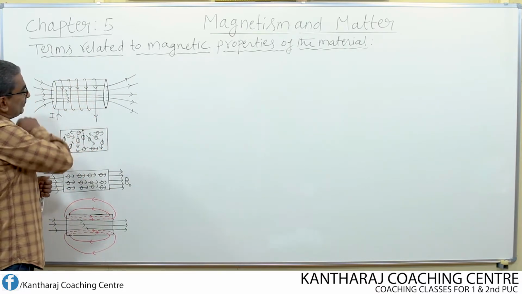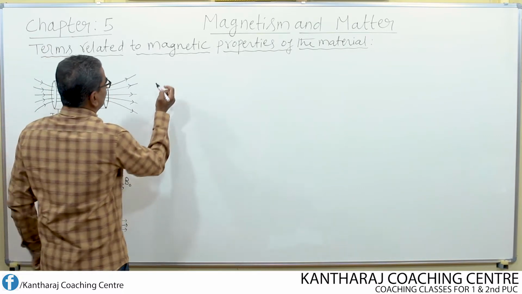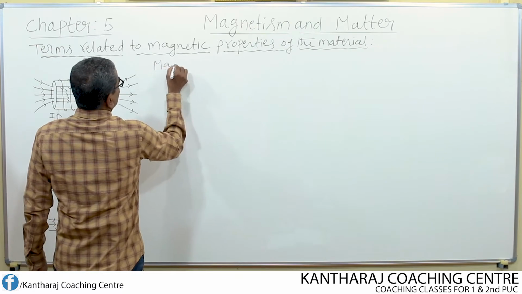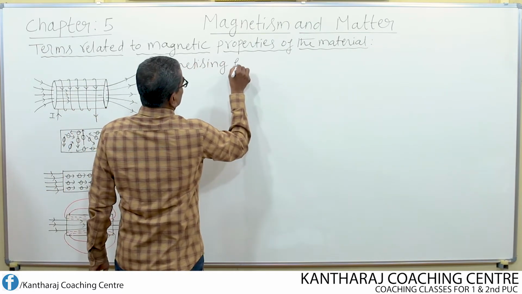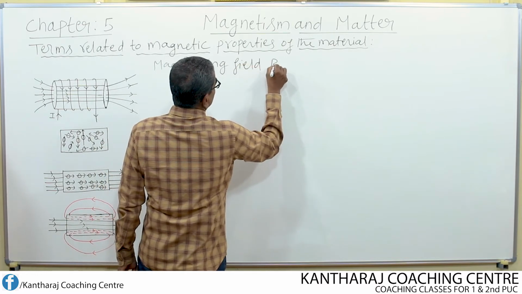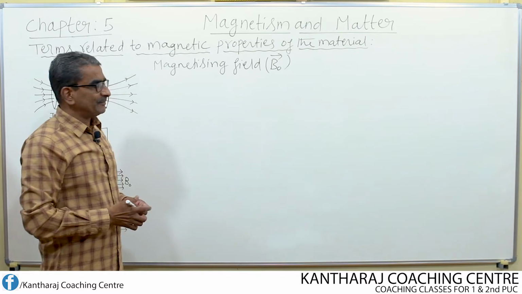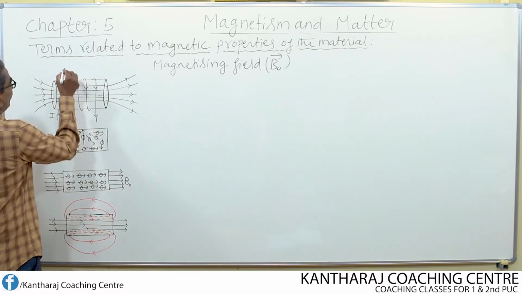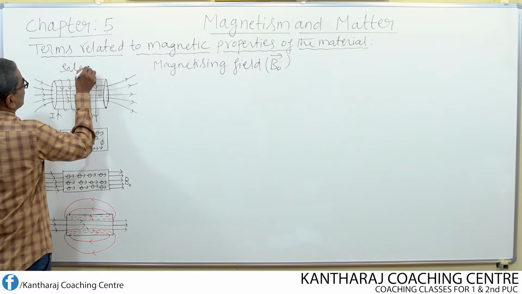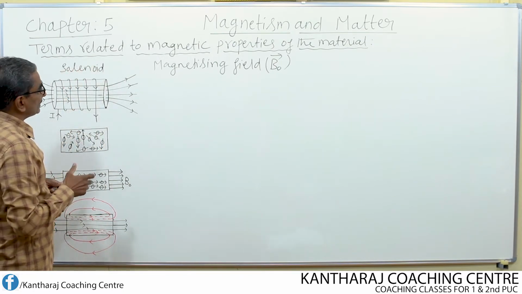Now, what is meant by magnetizing field? This is the first term, magnetizing field, represented by B naught, which is a vector quantity. Suppose we keep this solenoid in vacuum and pass current through it.